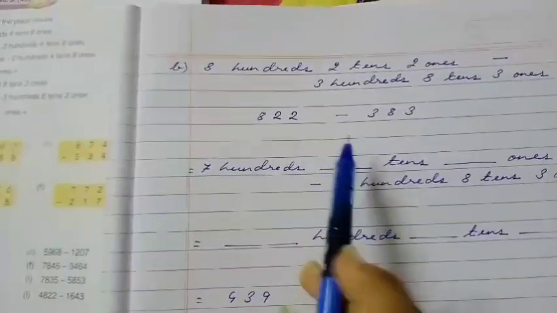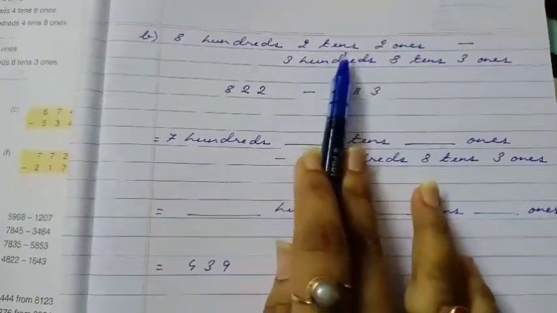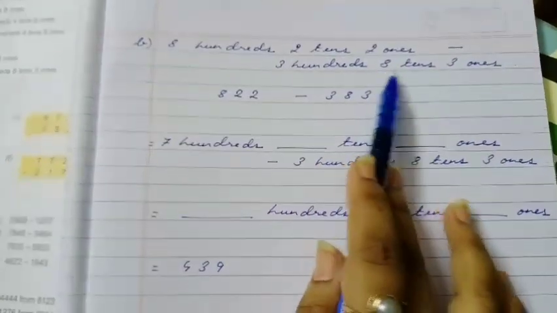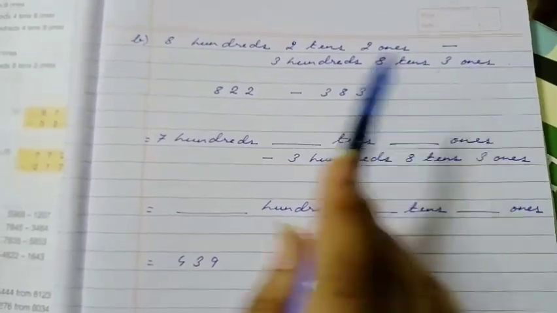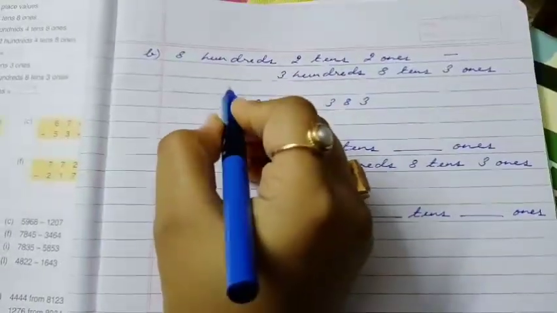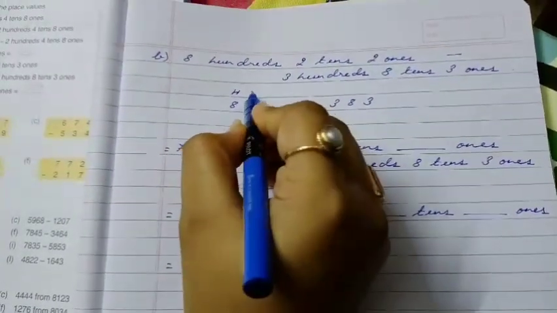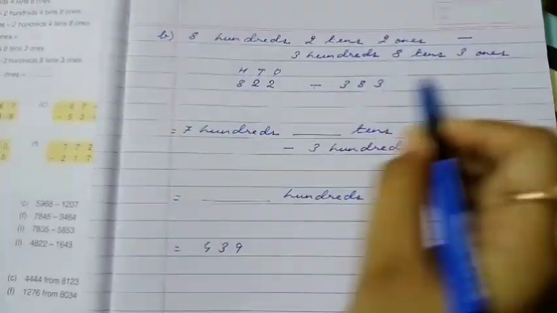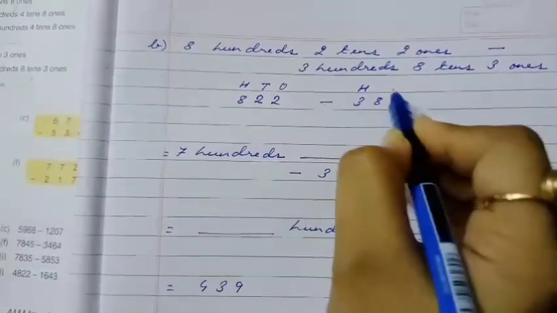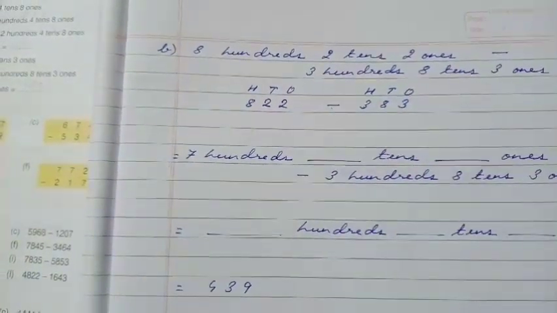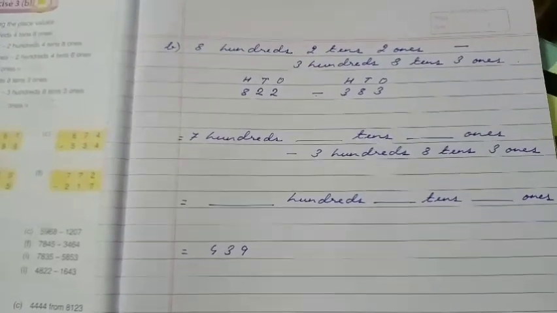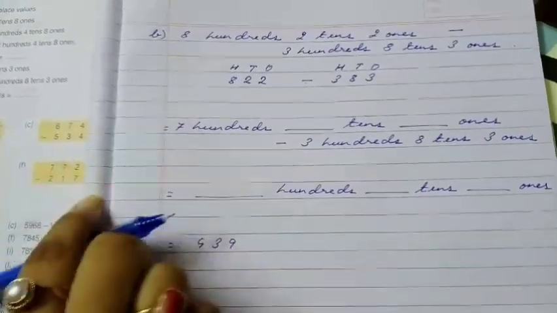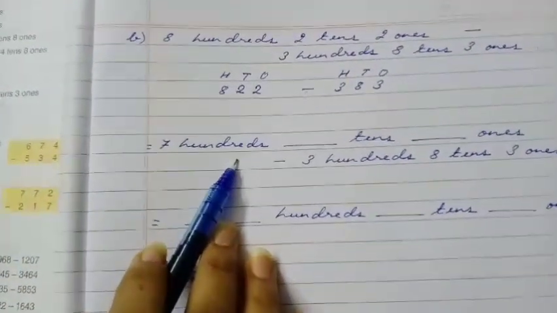The question is 8 hundreds, 2 tens, 2 ones minus 3 hundreds, 8 tens, 3 ones. So 8 hundreds, I am writing here H, 2 tens, T, 2 ones, O, minus 383. That means this is the hundreds place, tens place, ones place. Clear? Now, in the next step, instead of 8 hundreds, they have written 7 hundreds.